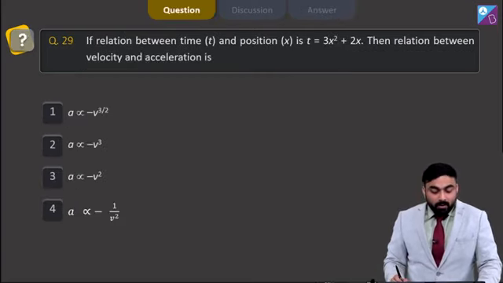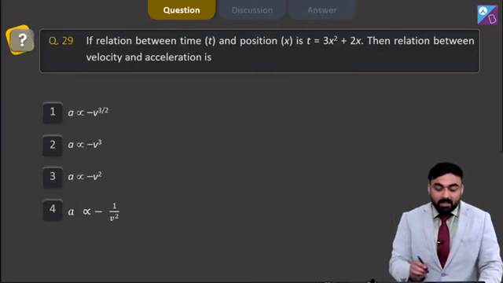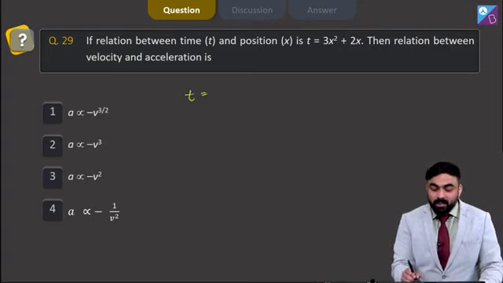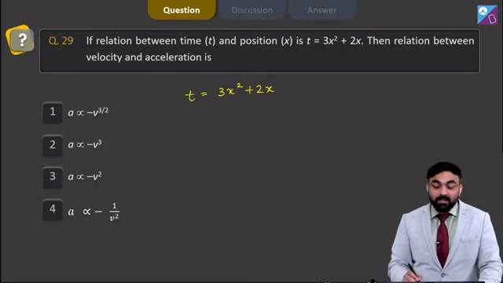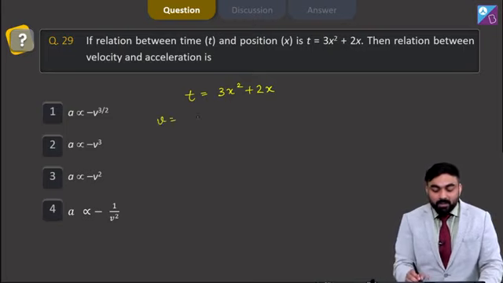Now question number 29 says, if the relation between time and position is t = 3x² + 2x, then the relation between velocity and acceleration is. So here we know that v = dx/dt.